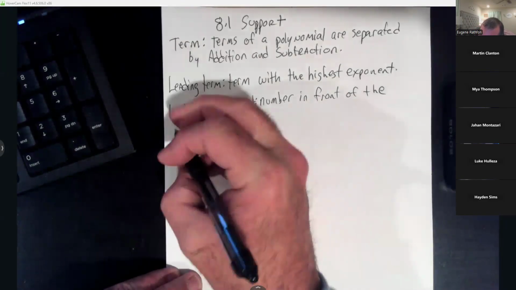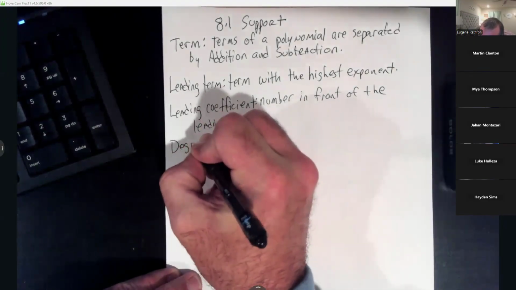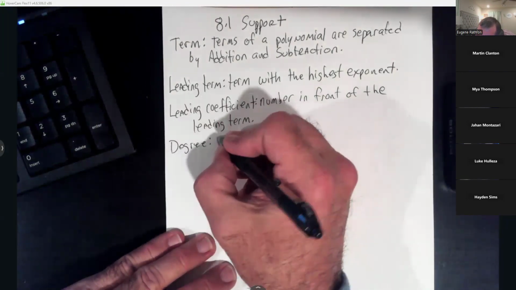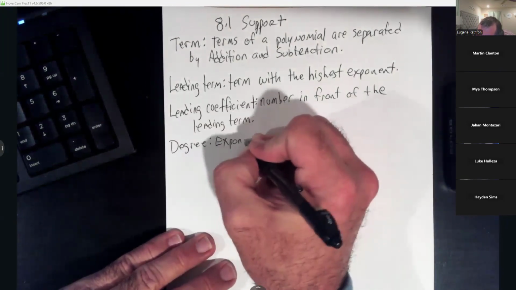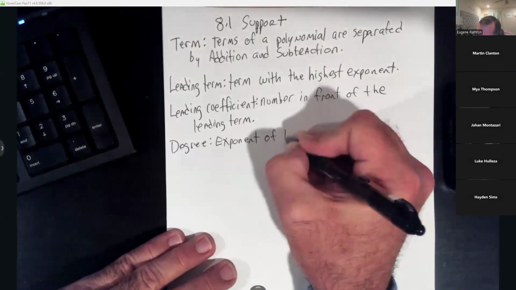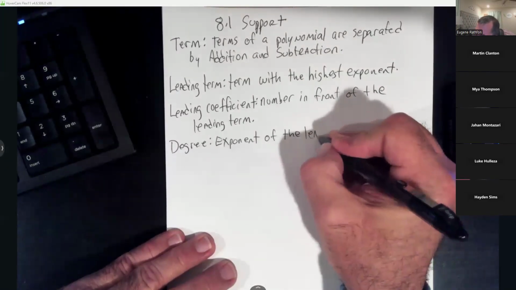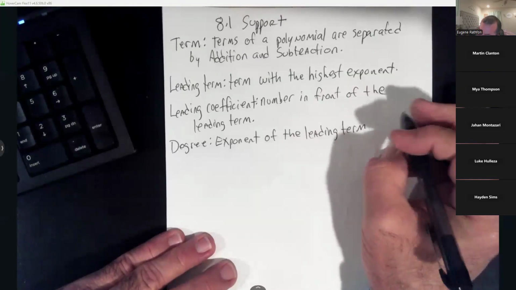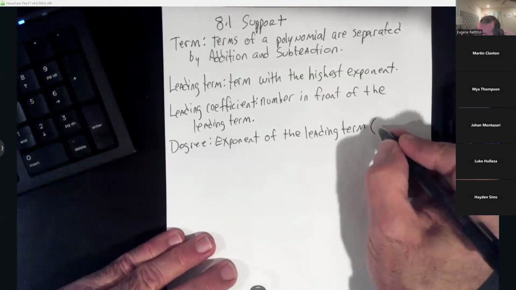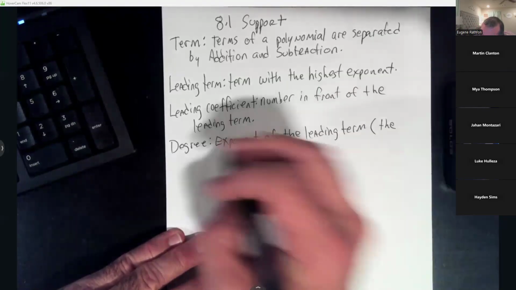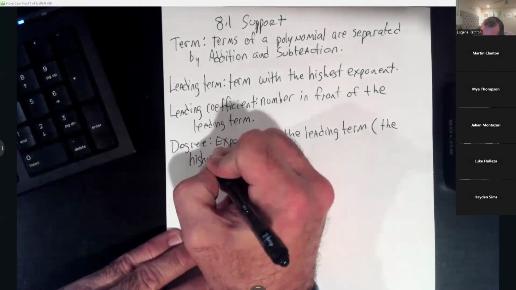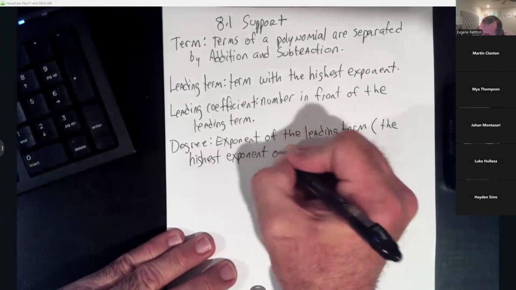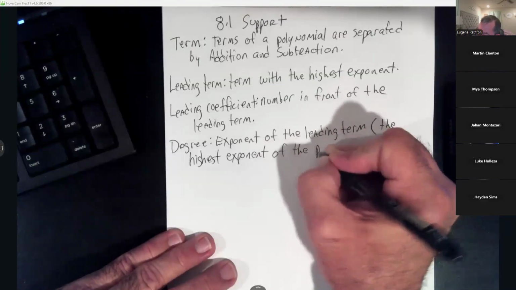All right, y'all, then the degree of the polynomial. The degree was the exponent of the leading term, which means the highest exponent of the polynomial.